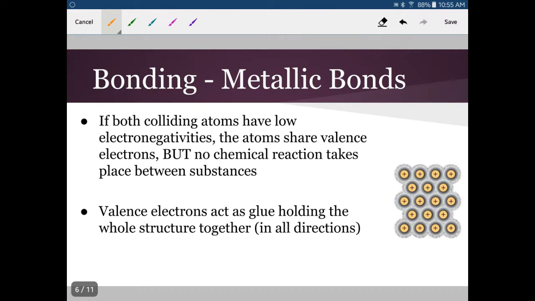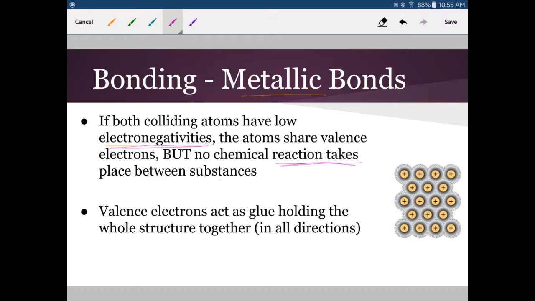So we also have this thing called metallic bonding. Now, metallic bonding isn't so much a sharing or stealing of electrons, but instead the electrons in a metallic bond seem to act as a glue. So if we have atoms with low electronegativities, which are our metal elements, the atoms share valence electrons, but no chemical reaction takes place.